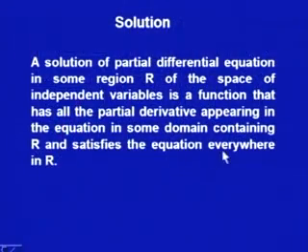So, we need a function which is continuous and has all the partial derivatives appearing in that equation, and then that function and its derivatives must satisfy the equation everywhere in that region R. Then we would call this a solution in that region R.